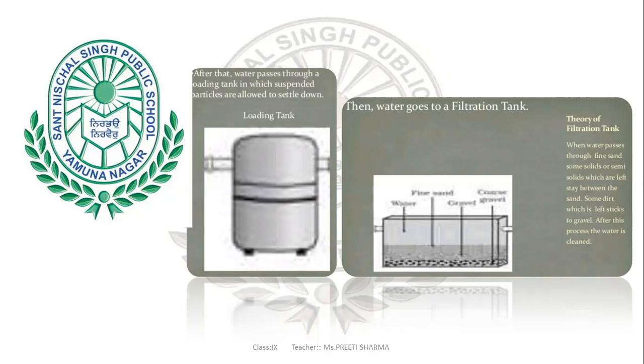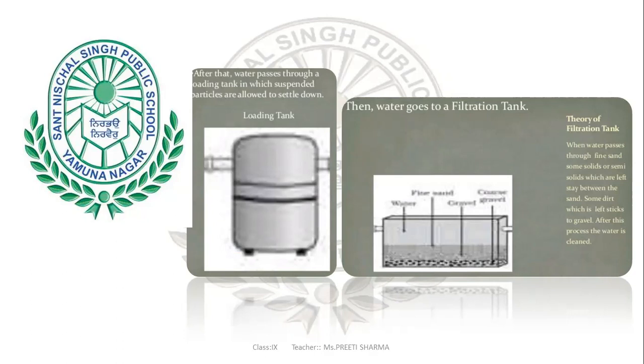And then water goes through the filtration tank. As you know, what do we mean by filtration tank? When water passes through fine sand, some solid or semi-solid impurities that are left stay between the sand, and some dirt is left stuck to the gravel. After this process, the water is cleaned, right?